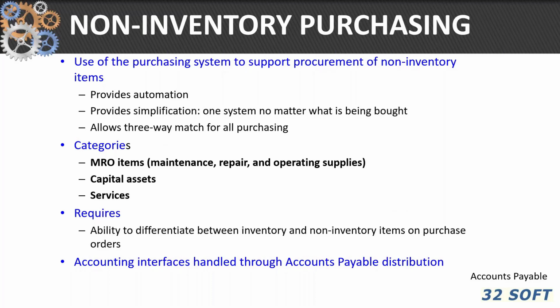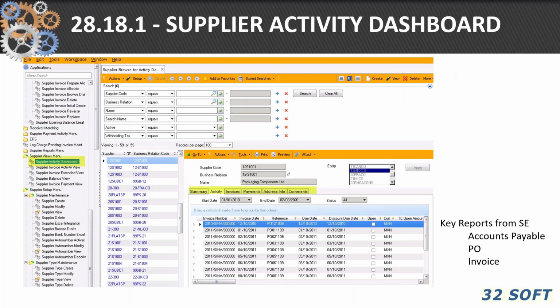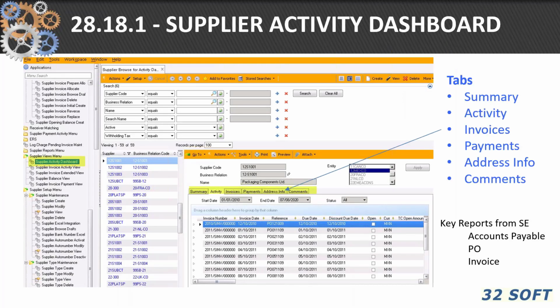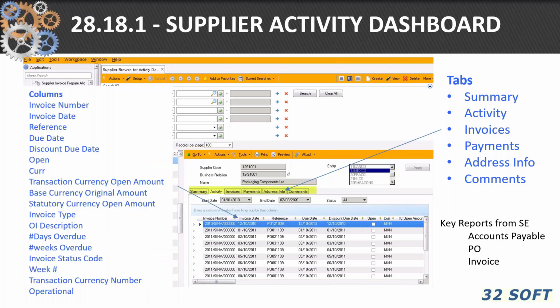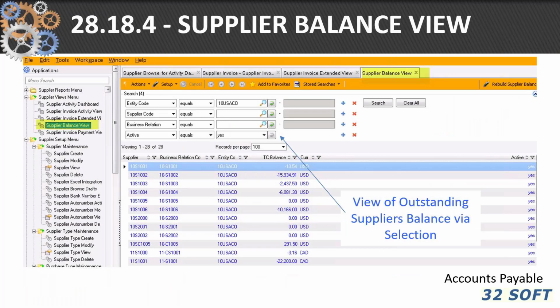Any purchasing accounting system needs to be able to deal with non-inventory purchasing, MRO, capital, service, etc. And QAD does this non-inventory purchasing. You've got a supplier activity dashboard that basically shows you exactly what the activity is, your invoices, your summary, your payments, address information, etc. And that is going to give you the information for each one of those suppliers.